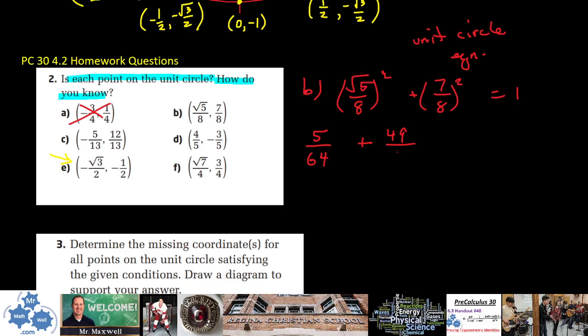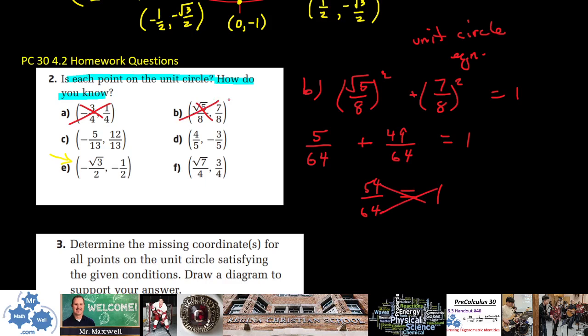And 8 squared is 64. Equals 1. So 5 plus 49 is 54. 54 out of 64, does that look about right? Root 5, 7 is 49, 64. Okay, so does 54 over 64 equal 1? No. So it looks like we're struck out with B as well.